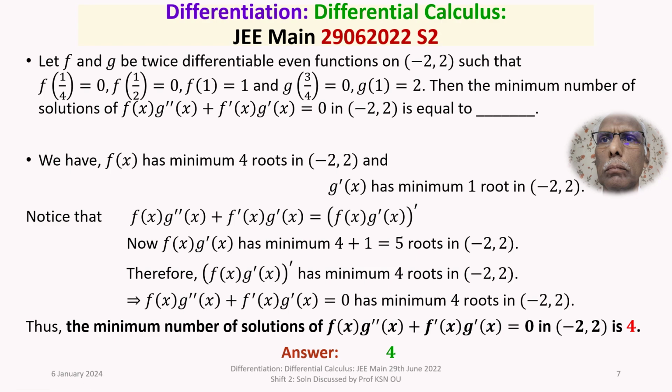It is definitely a difficult question, but not that difficult. But if you know that result, if g of x has n distinct real roots, then its derivative g prime x has n minus 1 distinct real roots, then this result will be easy.